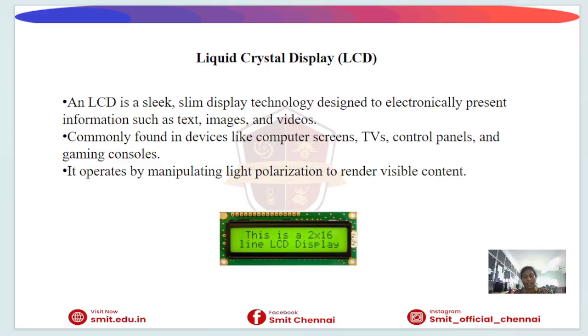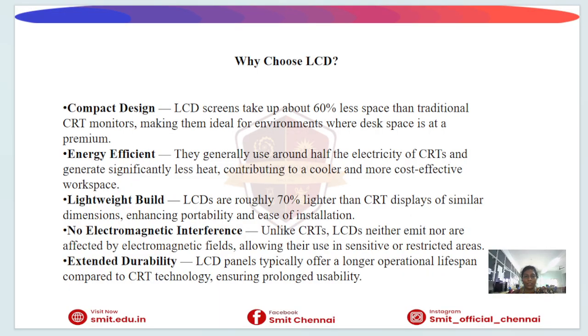In the first row we should write 16 characters, and in the second line also 16 characters, which is why it is called a 16 by 2 LCD. It is commonly used in computer monitors, television screens, gaming devices, and embedded systems. Unlike LED displays, LCD consumes very little power and is ideal for battery operated applications.